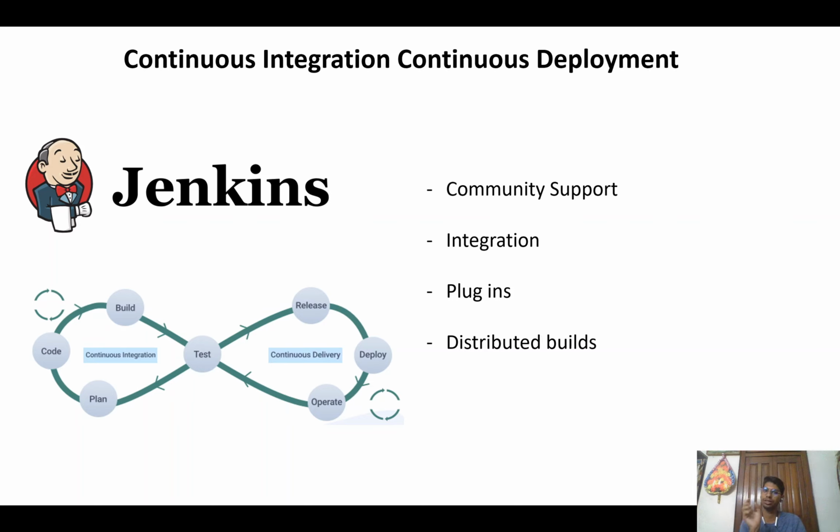So now, what does continuous integration mean? In CI/CD, CI means continuous integration. That means developers frequently merge the code into a central repository like Bitbucket, GitHub or any other central repository. From there, the deployment kicks in.